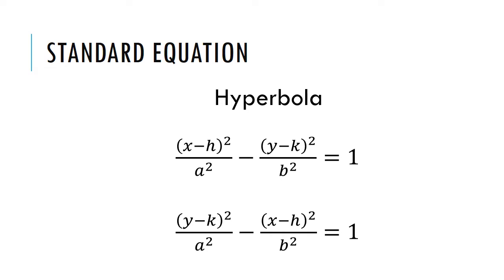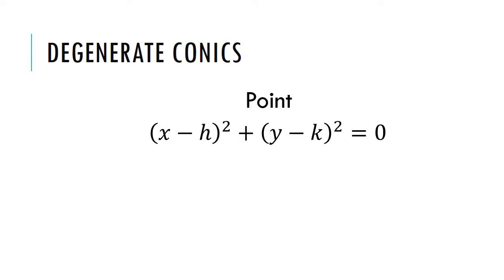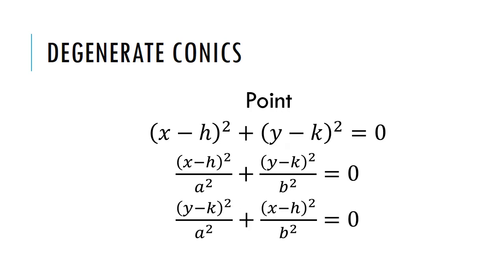How about the degenerate conics? Do they have a standard equation? The degenerate conics can be determined if the standard equation of a circle or an ellipse has a constant equal to 0, or that is, the right hand side of the equation becomes 0, then the equation represents a point.